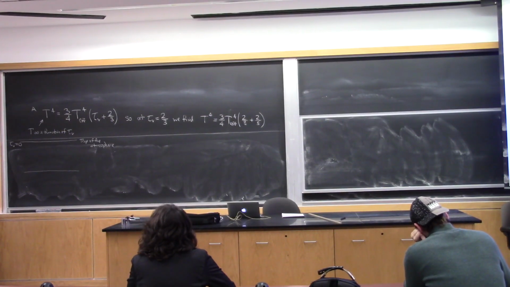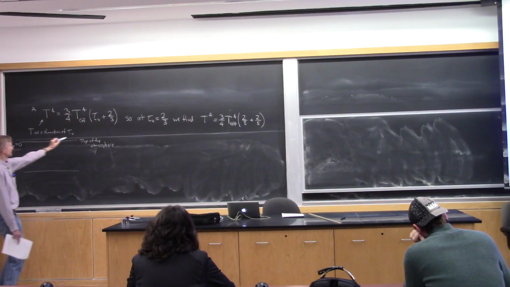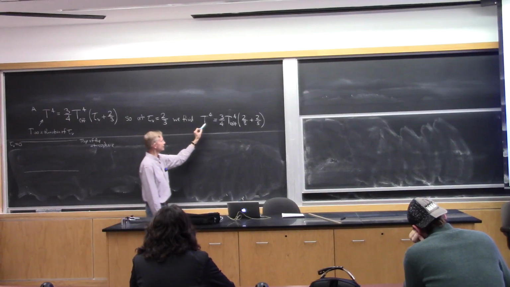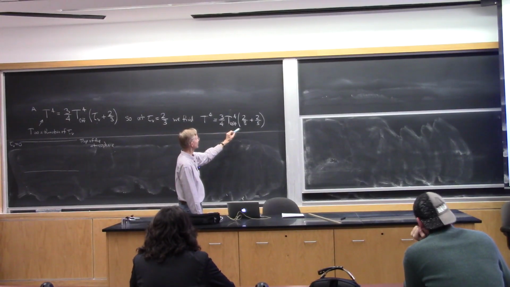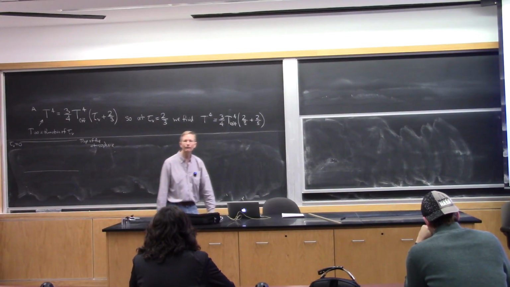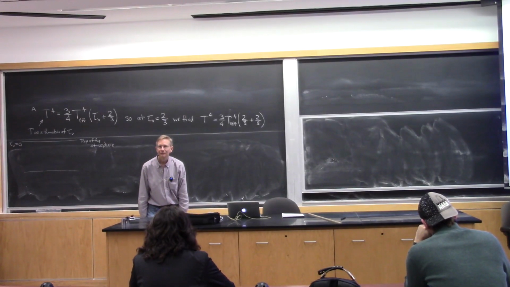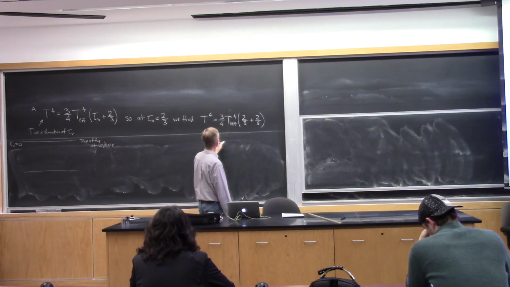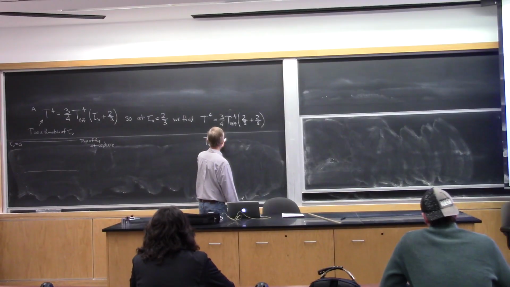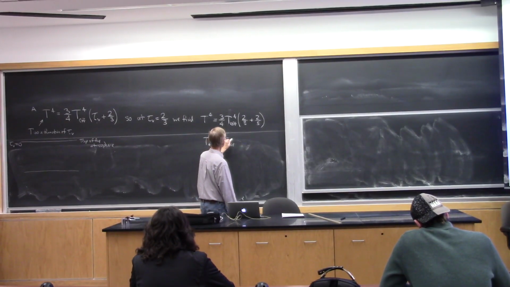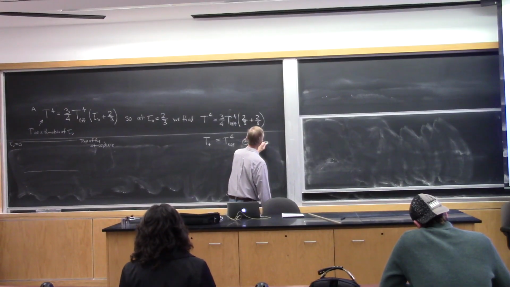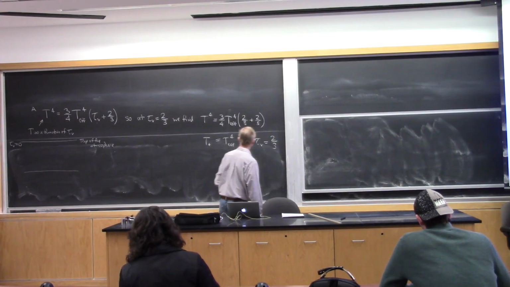Plug in tau v equals 2/3, and T to the fourth is 3/4 Teff to the fourth times 2/3 plus 2/3. Simplify that expression. Just Teff to the fourth, because 2/3 plus 2/3 is 4/3, times 3/4 is 1. So T to the fourth equals Teff to the fourth at tau v equals 2/3.